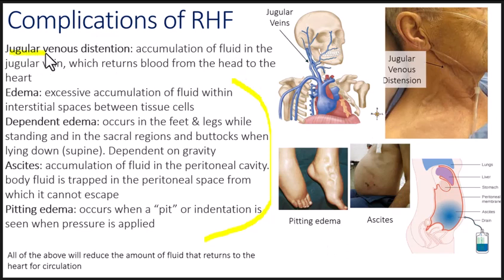Even fluid that's within the jugular vein, if too much is here because of that resistance I described earlier, then we can't properly move blood against the resistance.